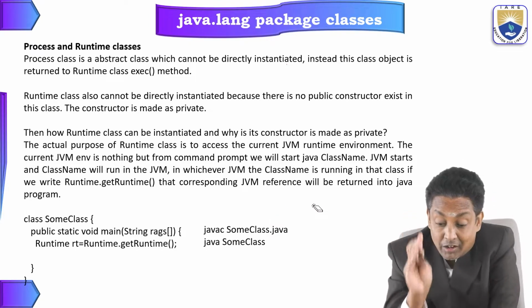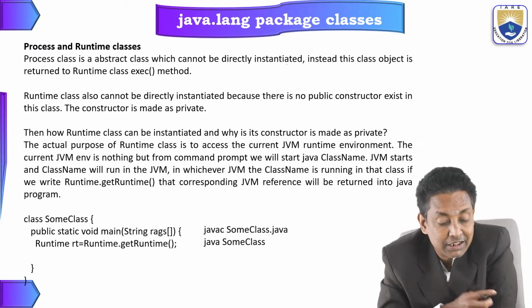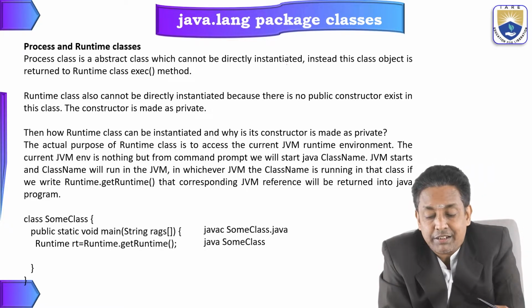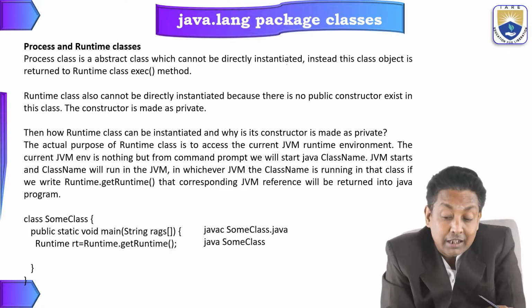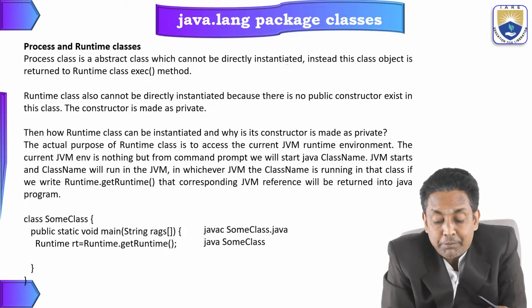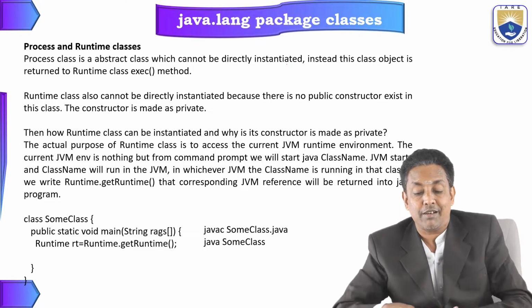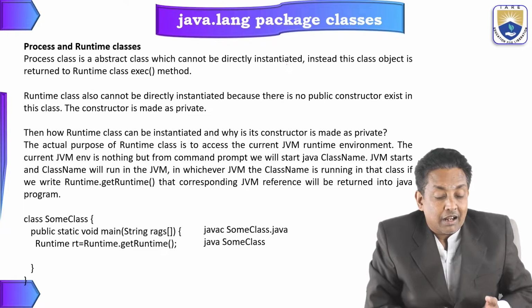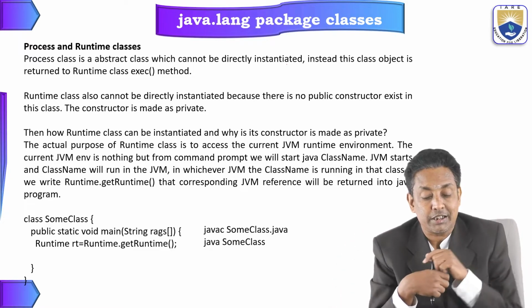Runtime class is not abstract, but its constructor is private. The actual purpose of the Runtime class is to access the current JVM runtime environment. The current JVM environment is nothing but this: from the command prompt we start java with some class name, the JVM immediately starts, and the class is loaded into the JVM.